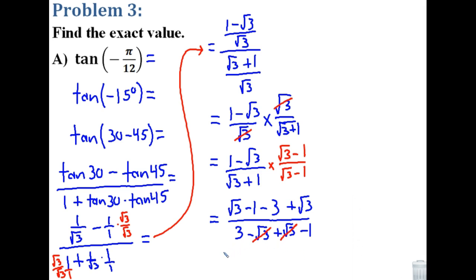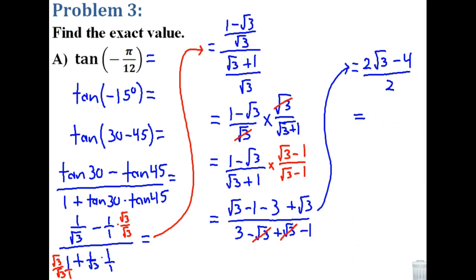Okay, last step here, we can clean this up, and I'm just going to go up here where I've got some more space. Okay, I have a root 3 plus a root 3. We could say that's just 2 root 3. And then a negative 1 minus 3 would be negative 4, all over 3 minus 1, which would be a 2.